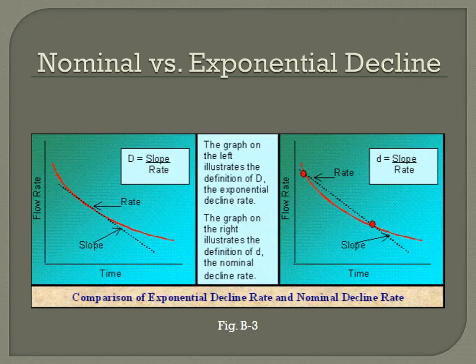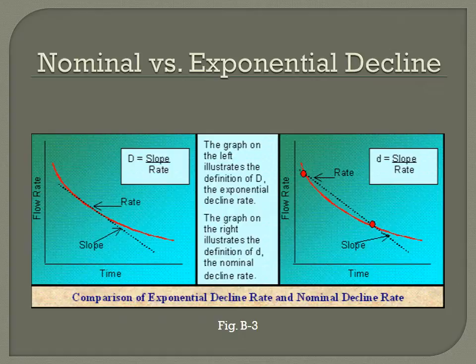In figure B3, we see the difference between nominal and exponential decline. As seen, uppercase D is related to the slope of the line, whereas lowercase d is derived from the segment which approximates that slope. In addition, we see the rate by which the slope is divided is different. In one case, it is the instantaneous rate, q.